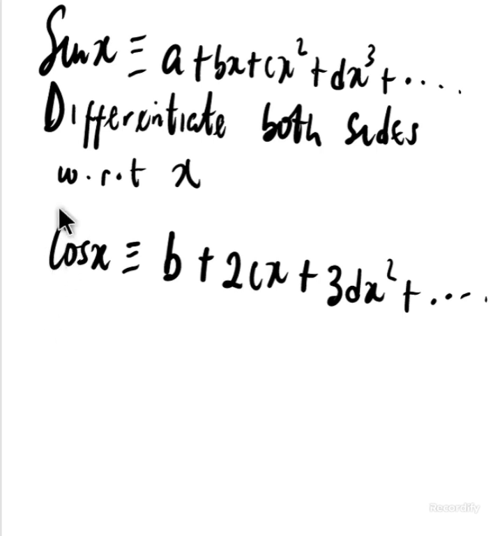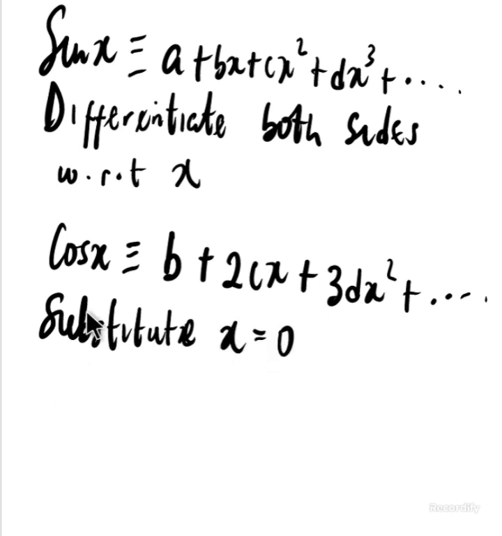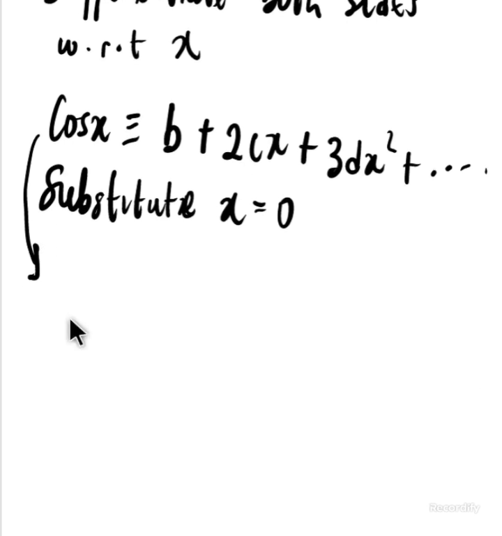Now I will follow the same procedure. Substitute x equals 0. In this identity, it's not an equation, the identity here will become cos 0, since x equals 0, equivalent to b plus, no x is attached to it.